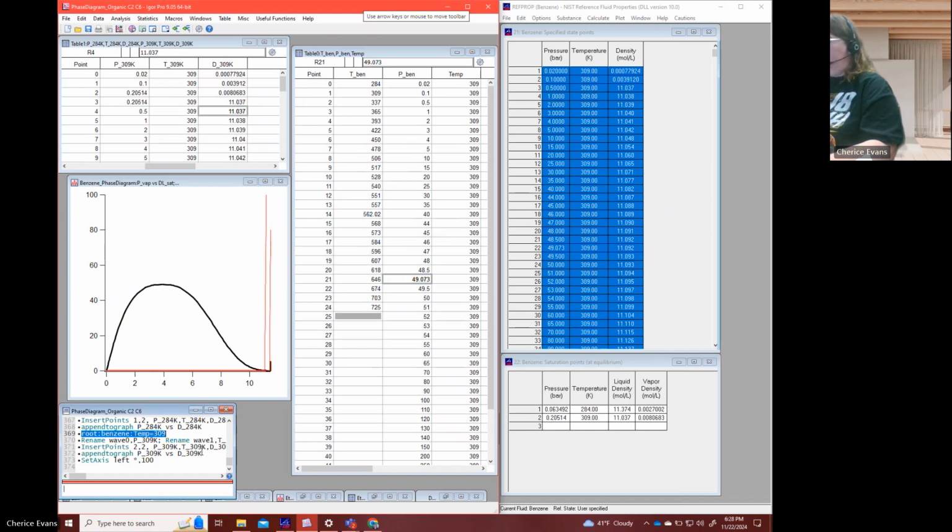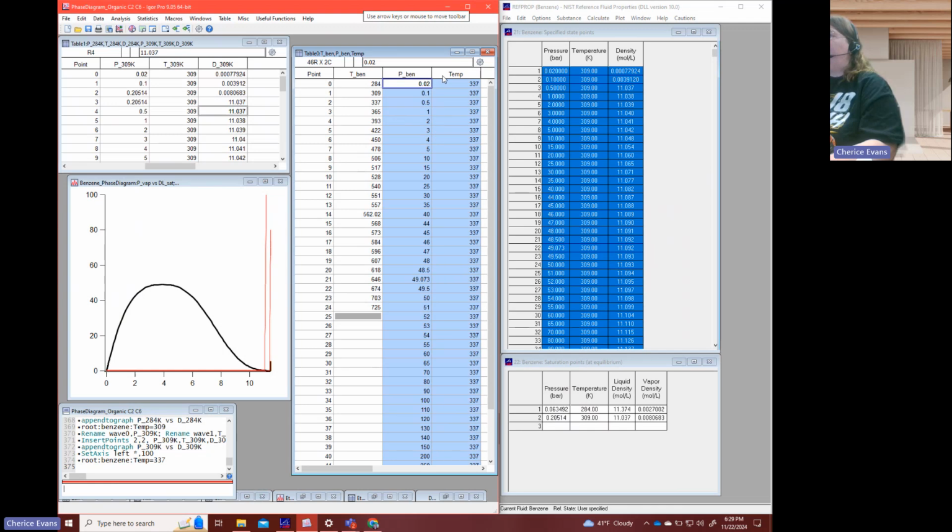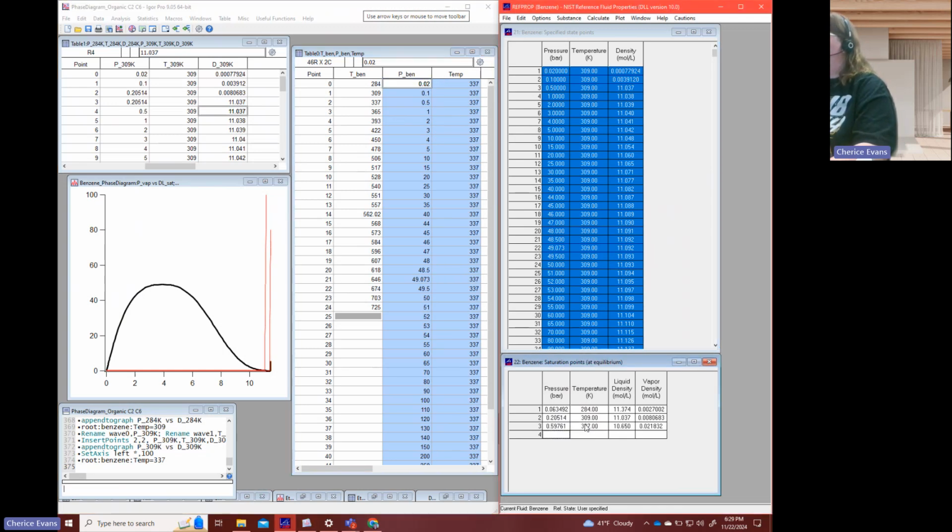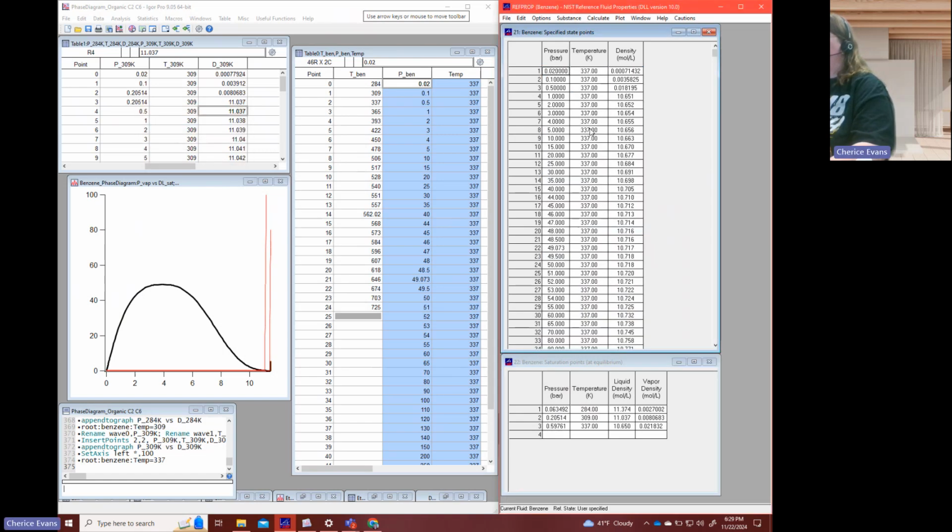Then my next temperature is 337. I just copied from the history and then changed the temperature. And then same thing here. I'm going to copy this, put my temperature there, and paste into here, 337, and check and see if this time I didn't hit the maximum density, so it didn't bottom out.